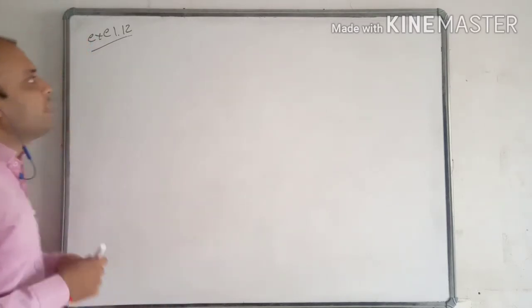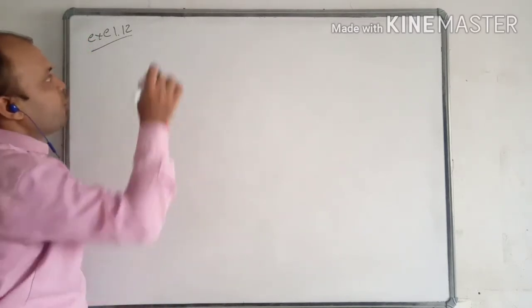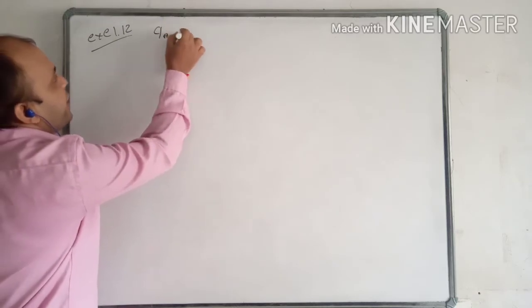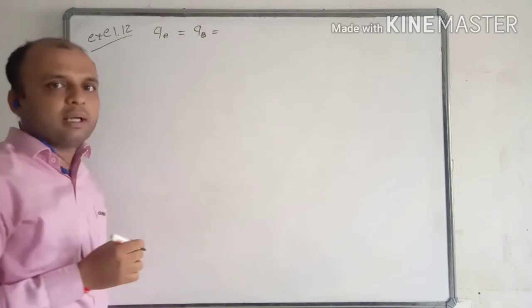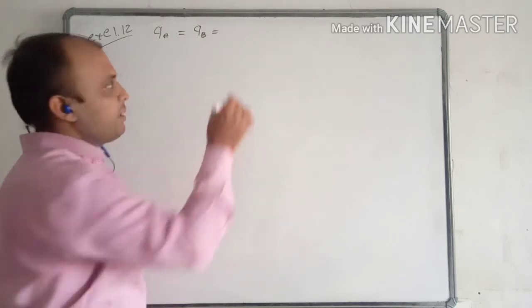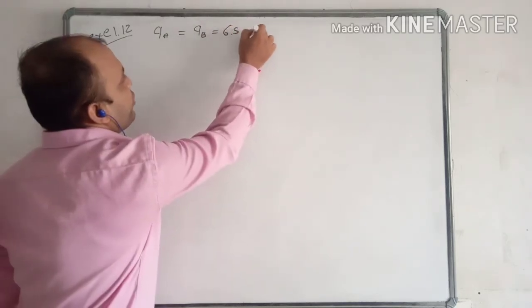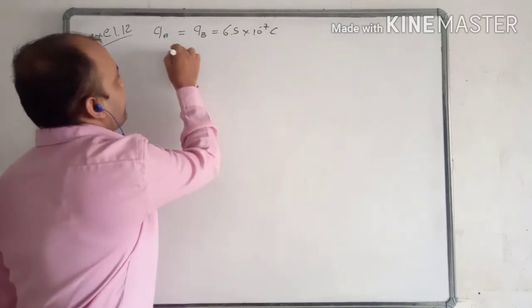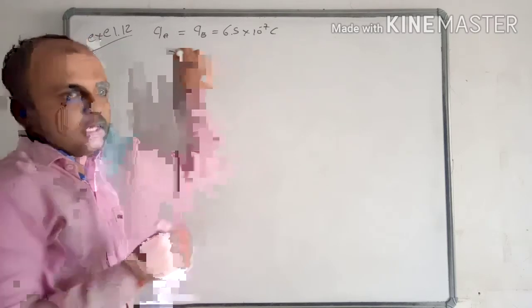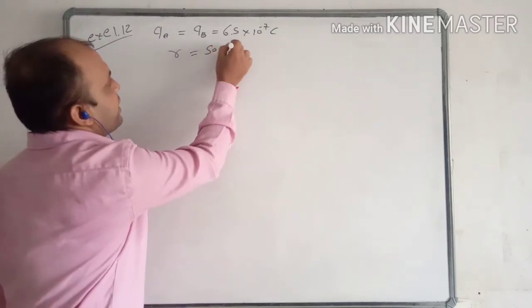We have two charges, QA and QB, and the value of both is the same, 6.5 into 10 raised to minus 7 coulomb. Both are separated by 50 centimeters, so R will be 50 centimeters.